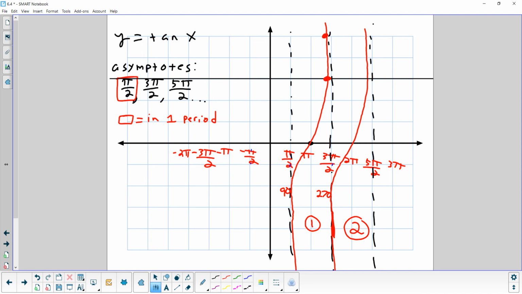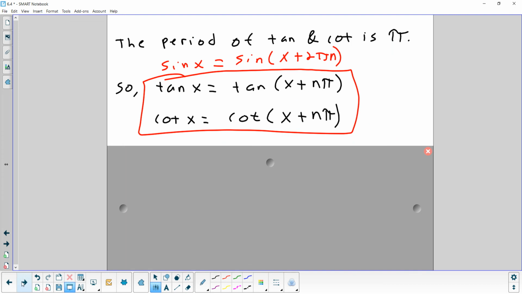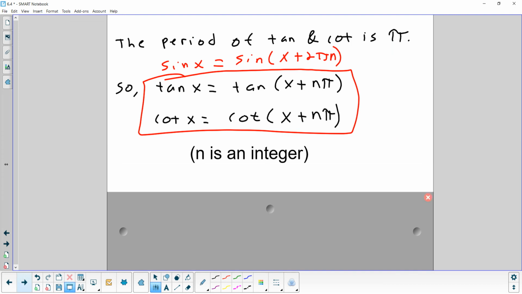The tangent of 3 plus pi, it's right there. That's the same answer. The answer is the y value, and you're at exactly the same height as you were in the previous cycle. That's why adding and subtracting pi will always give you the same answer when you're dealing with tangent and cotangent.